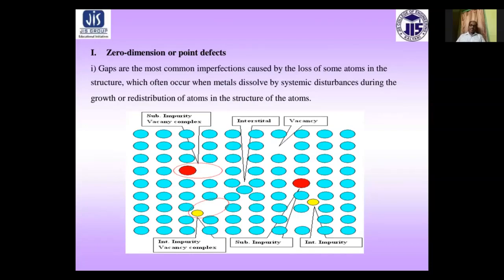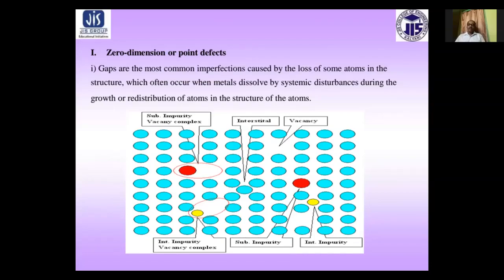If the temperature rises, this vibrational energy increases, and there will be a finite number of atoms with sufficient energy to break the bonds which hold them in the equilibrium position.